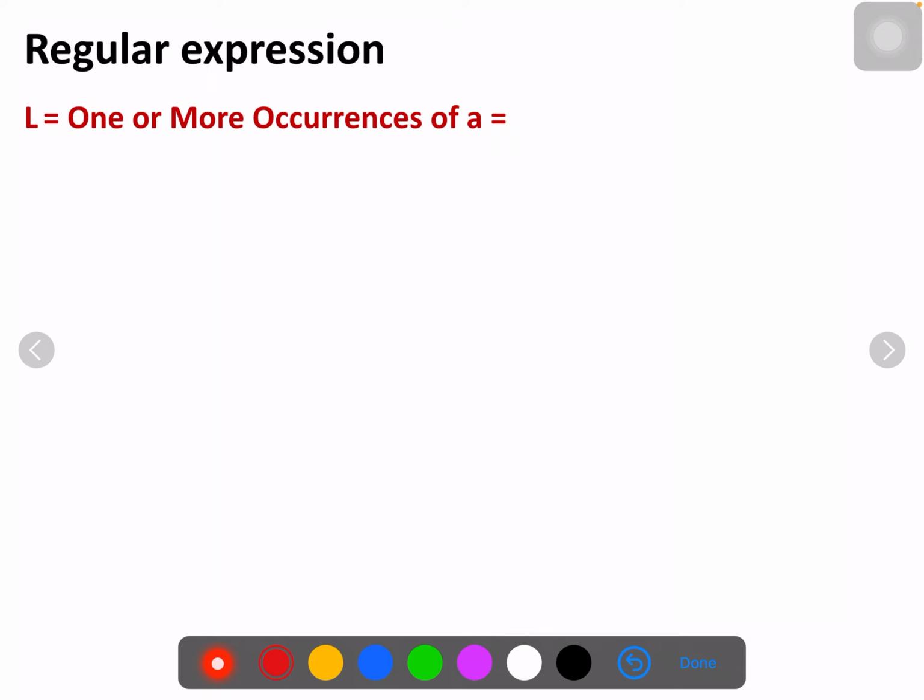Similarly, we'll see one more example. L is equal to one or more occurrences of a. How do you represent this? The previous example started with zero or more occurrences of a. In this one, there is one or more occurrence of a, and that means plus. So there is a plus operation.